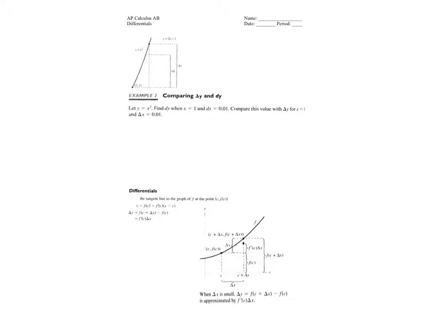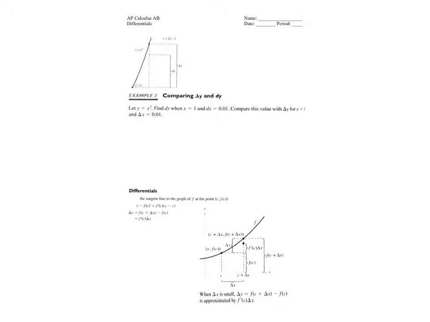So what we're looking at today is a similar topic to what we did yesterday with the approximation, or linear approximation, using the tangent line. Basically, what we're going to be doing today is finding the approximate value, but skipping finding the equation of the tangent line and just finding the difference between the y-coordinate that we've got right now and the y-coordinate of the point that we want.